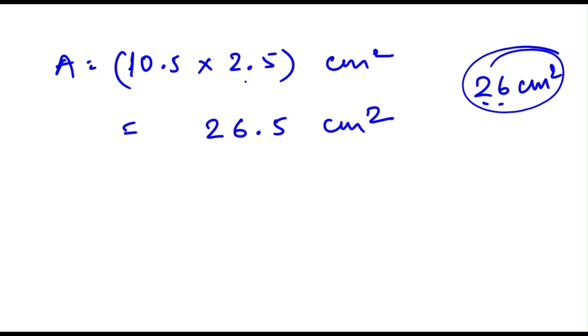For that we have to check which measured value has the lowest number of significant figures. So here it is 2, so we have kept only two significant figures.